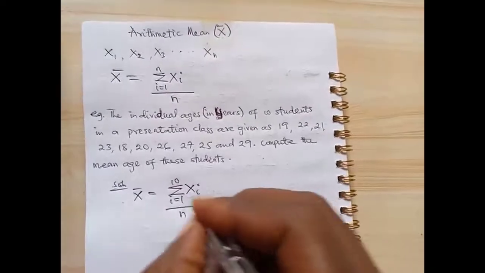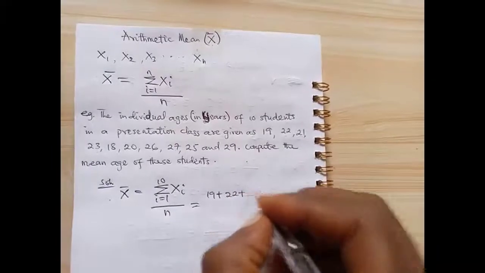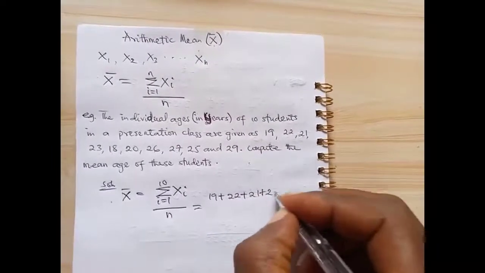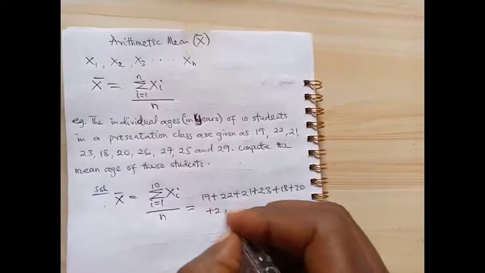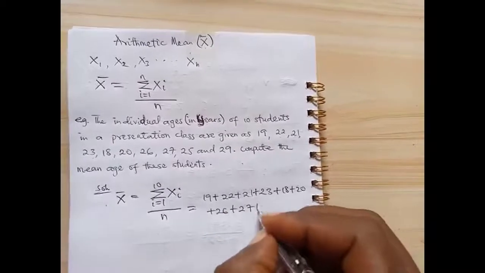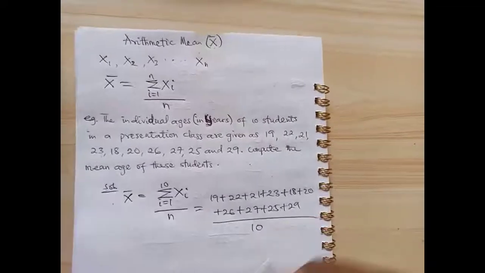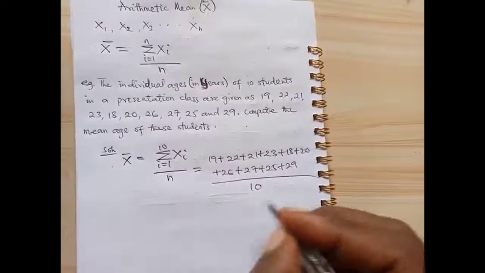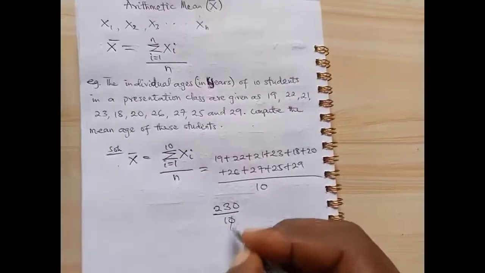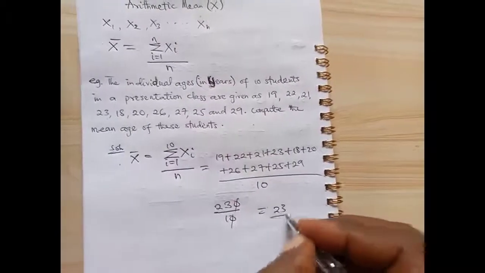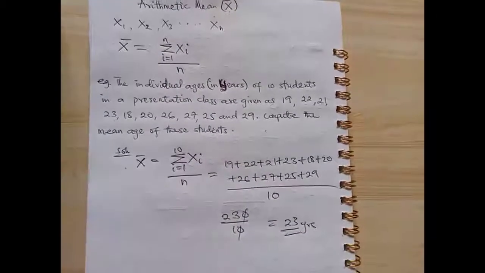So this will be 19 plus 22 plus 21 plus 23 plus 18 plus 20 plus 26 plus 27 plus 25 plus 29 over 10. And when we add the above, we're going to get 230 over 10, which will give us 23. So the mean age is 23 years.